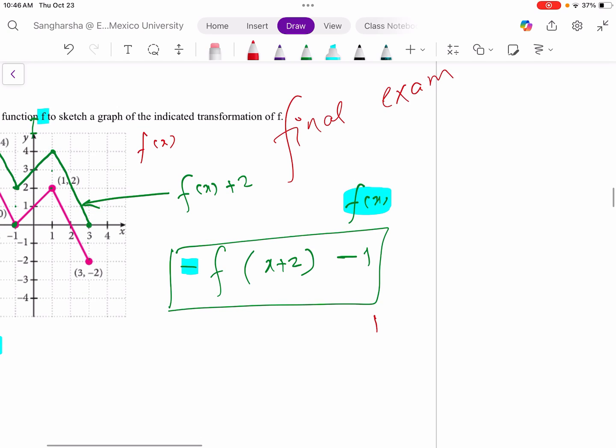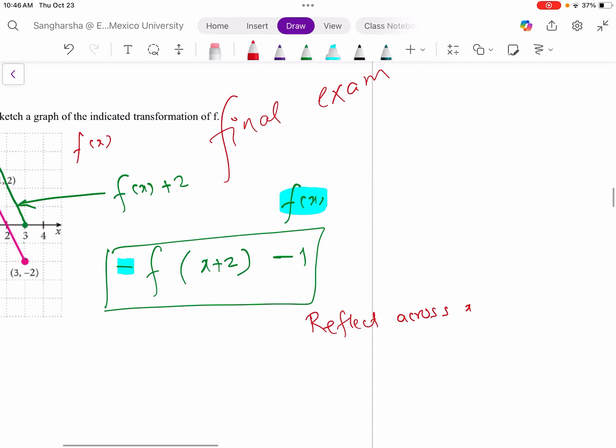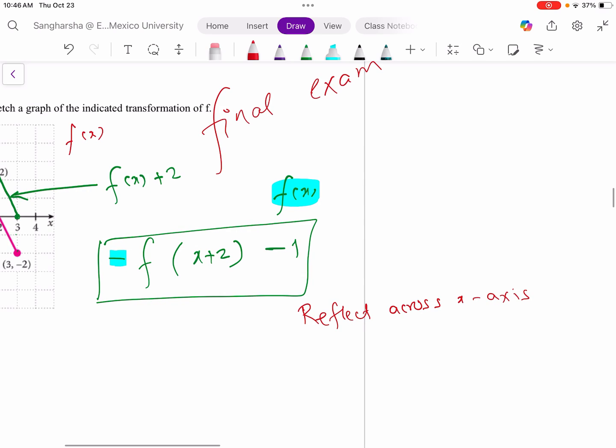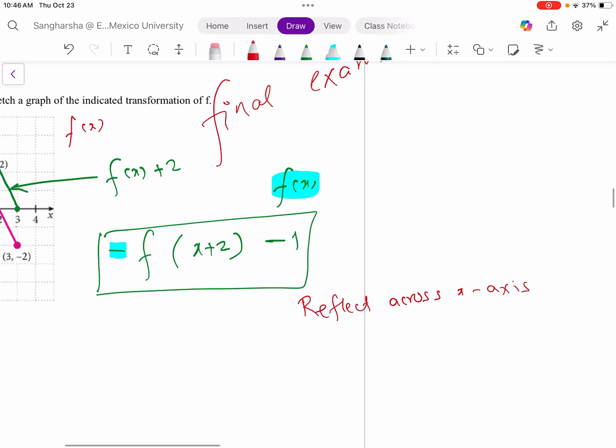So we reflect across the x-axis. Reflecting across the x-axis means we are switching the y coordinate. If it's positive, we make it negative. If it's negative, we make it positive. So instead of y, we replace every y coordinate by negative y.